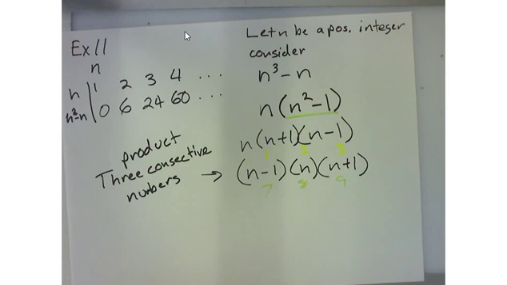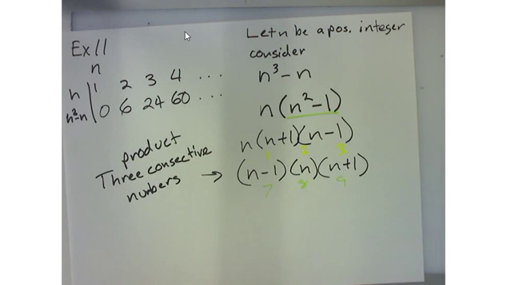Well, for every set of three consecutive numbers, guess what? That's divisible by 3. Did you guys remember that rule? The product of three consecutive numbers is always divisible by 3, or it must contain a multiple of 3. Did you guys know that? Look at 1, 2, 3.